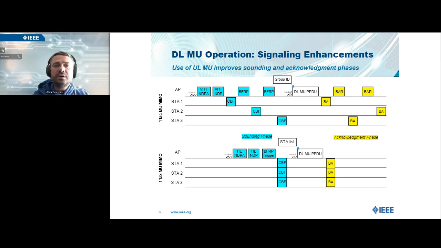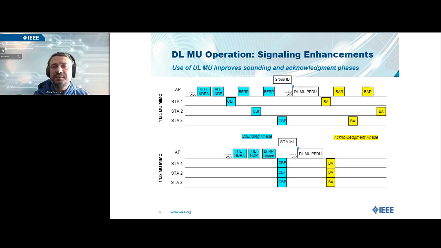And all these parts are eliminated in 11ax by having a sounding that relies on the BFRP trigger frame that solicits the feedback in uplink OFDMA, and similarly for the block ACKs being solicited in uplink OFDMA as well.